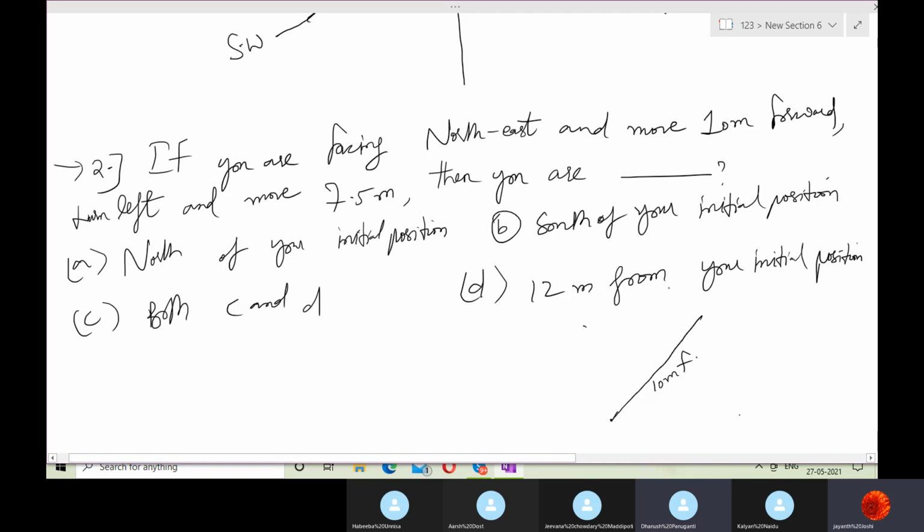Then turn left and move 7.5. From here, this is right, this is left. You turn left and move 7.5. So definitely you are where? North, no? North of your initial position, correct? Yes, sir.